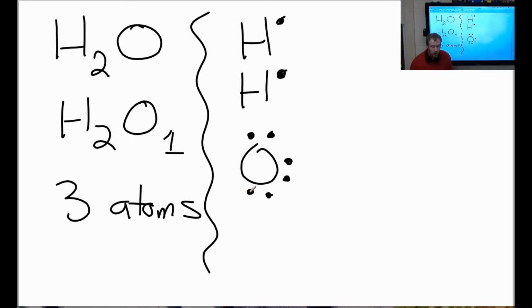Hydrogen only needs 2. That's on the board over here. So oxygen needs 8. It has 6. It has to find 2 more. And in H2O, it gets those 2 from the hydrogens, 1 here and 1 here, for a grand total of 2 additional electrons.